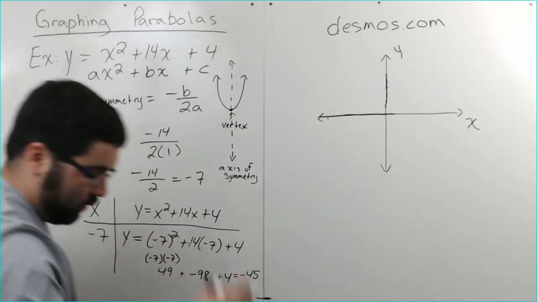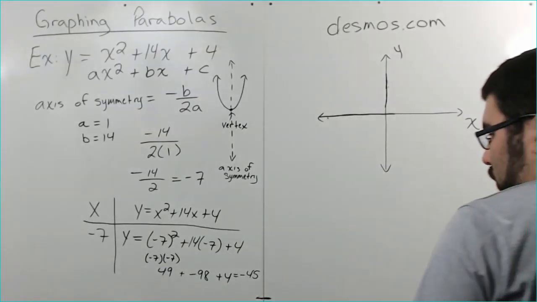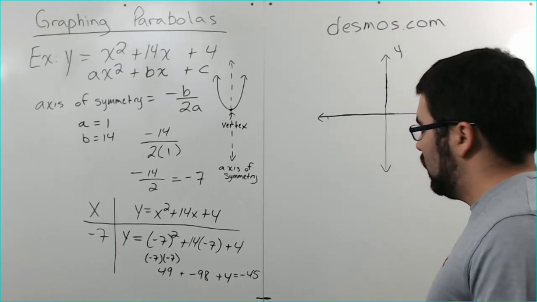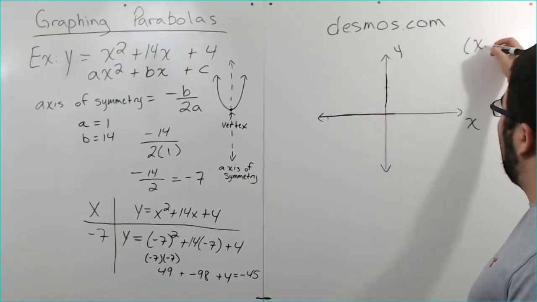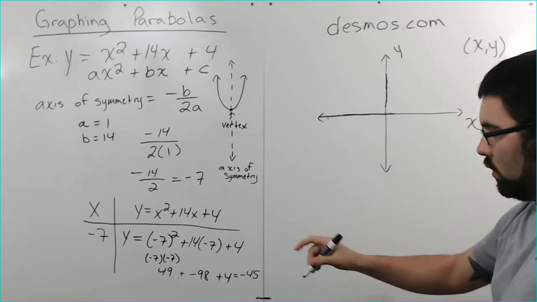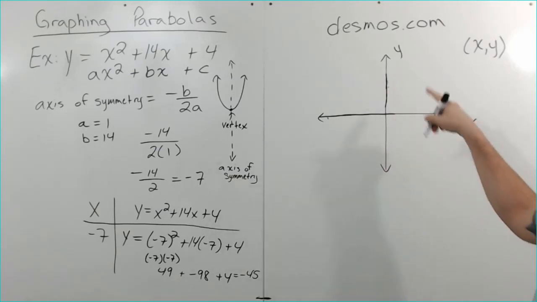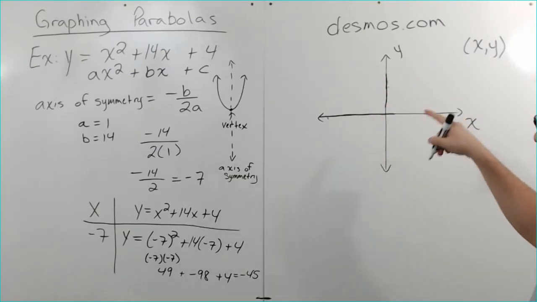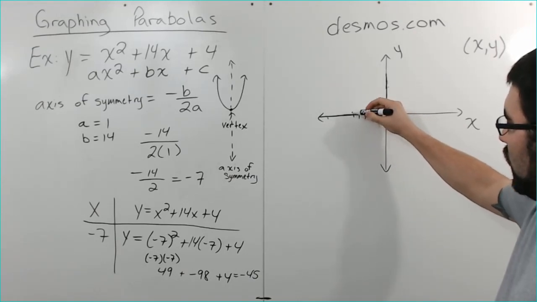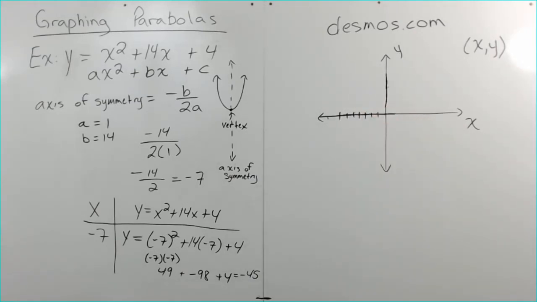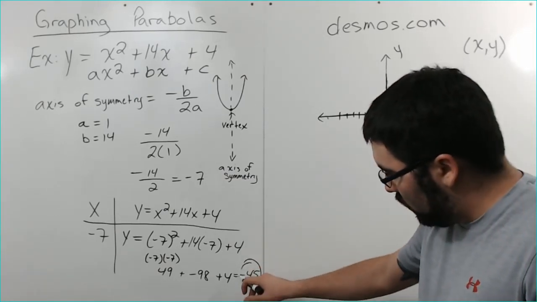So I'm going to move over here now. So what we just established was, I want to find x, y values. Negative 7 is the middle of this graph, and I want to put it somewhere on here. So we'll see, negative 7, 1, 2, 3, 4, 5, 6, 7. The issue, though, is now, what's my y value? Negative 45.